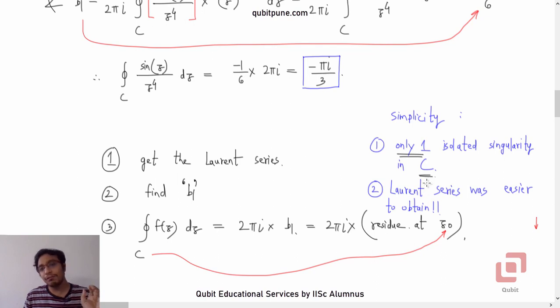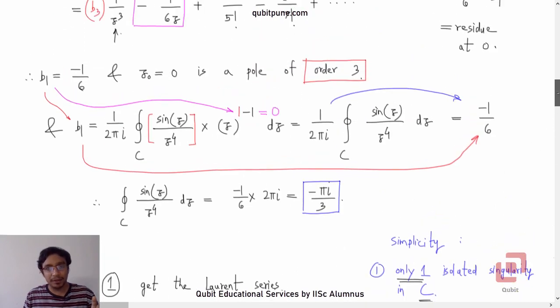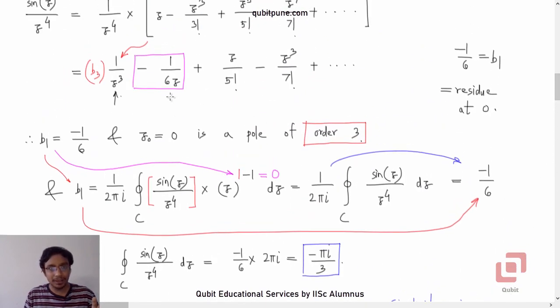Okay, now the second point is more important. Although we have now defined b1 to be a residue, the coefficient b1 of the Laurent series at that particular center, it turns out that except b1, there is no reason to actually calculate the other coefficients including all an's and all bn's.